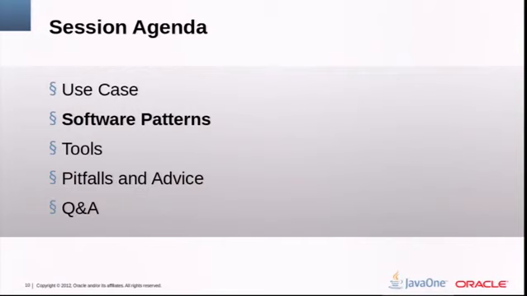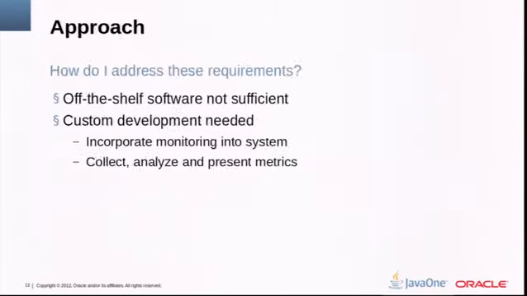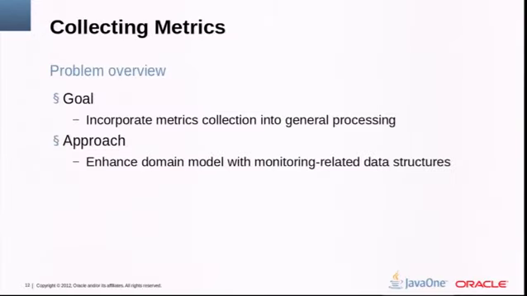And once you have a mechanism to collect statistical data from your application, the next challenge, of course, is how do you analyze that data effectively and present that data, which is useful not only for the development team, but for your business owners as well as for your customers. So that leads to this problem: how do I incorporate collection of statistical metrics in your general processing?